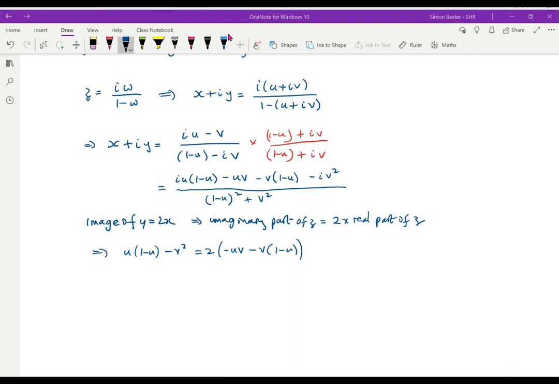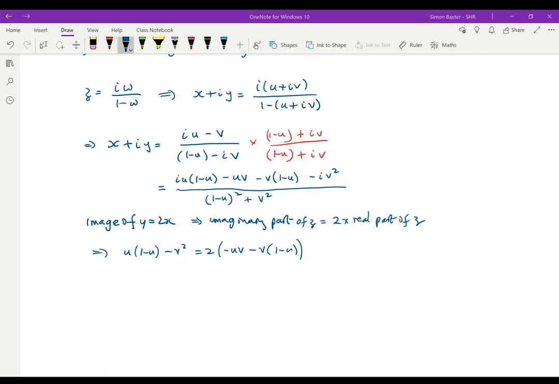And this gives us the imaginary part, u(1 minus u) minus v squared, over 1 minus u squared plus v squared, is twice the real part, twice minus uv minus v minus u, also over 1 minus u squared plus v squared. I've not bothered to put the denominator in because it cancels.